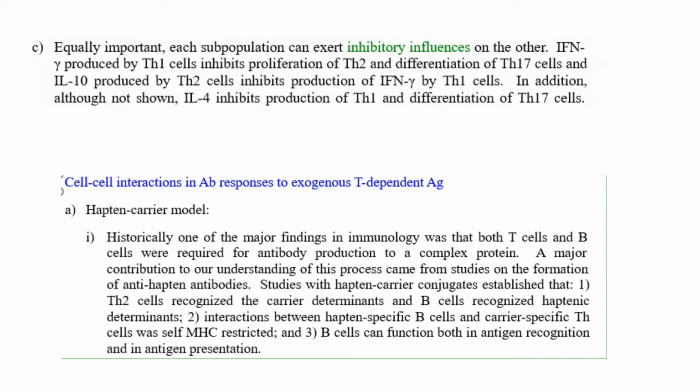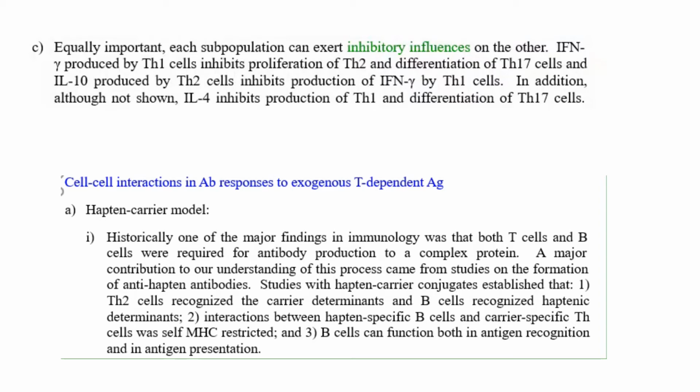Now, cell-to-cell interaction and antibody response to exogenous T-dependent antigen. Here, the role of T helper 2 in the regulation of the immune response and selection of B cells to produce antibodies, and the cooperation of T cells in this process.